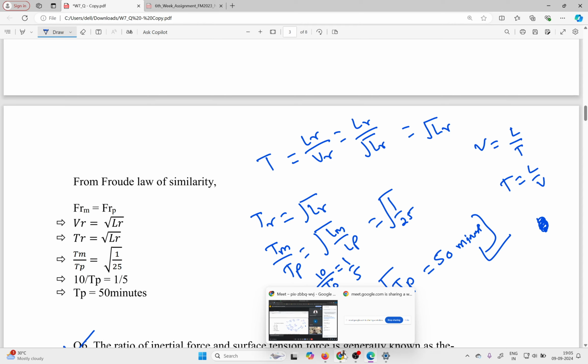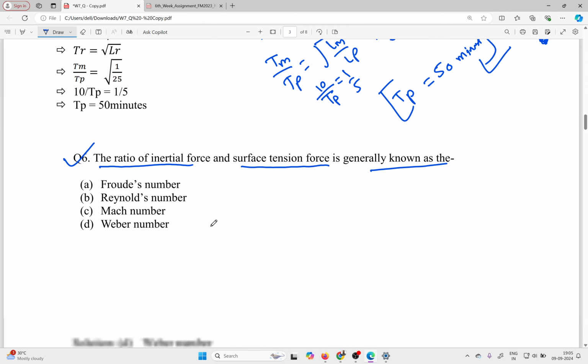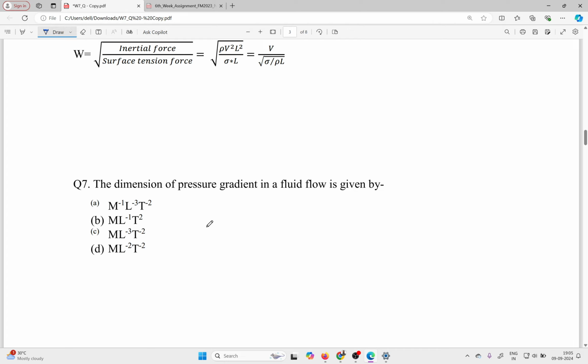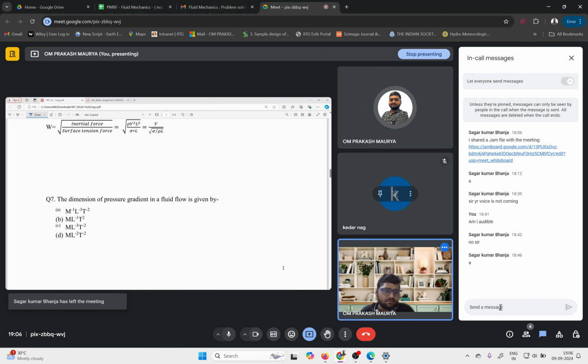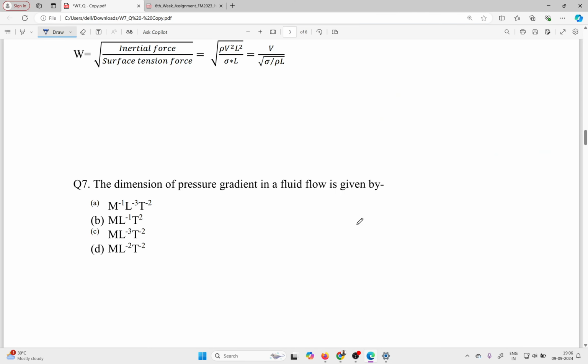Now moving ahead, the question we are discussing is the dimensions of pressure gradient. Has anyone given the answer in the chat box? Okay, let me discuss the pressure gradient. The pressure gradient is like your velocity gradient, which you write as du by dy.